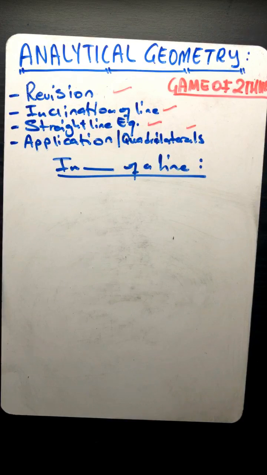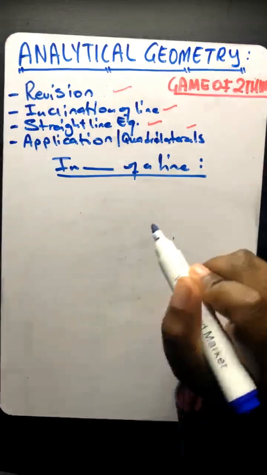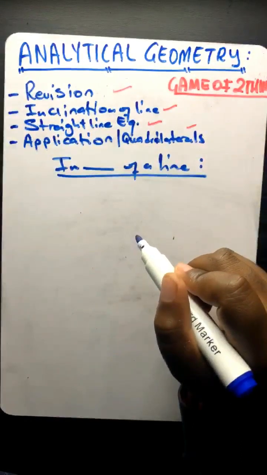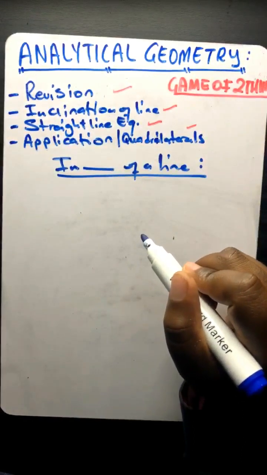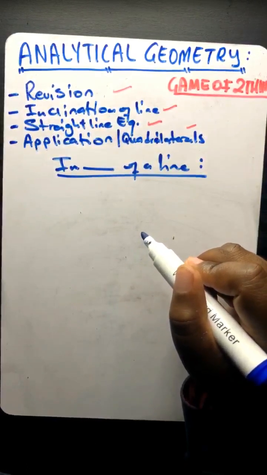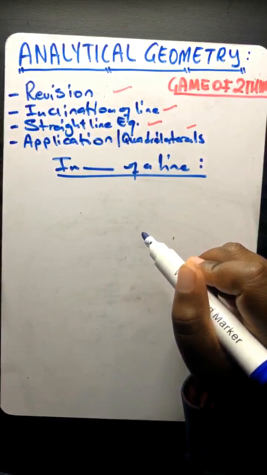Angle formed with the horizontal in an anti-clockwise direction is what we call inclination of a line. Angle formed with the horizontal in an anti-clockwise direction is what we call angle of inclination. Yes, I think I've said it correctly.